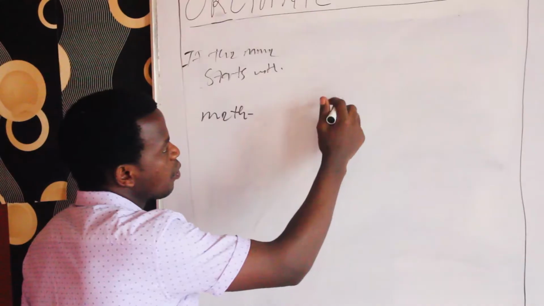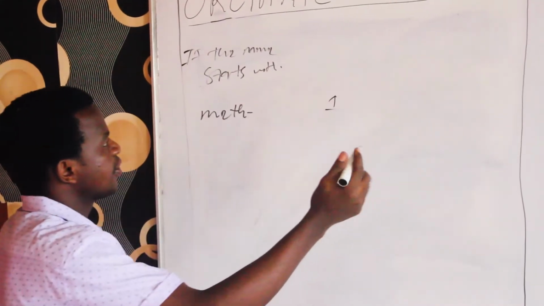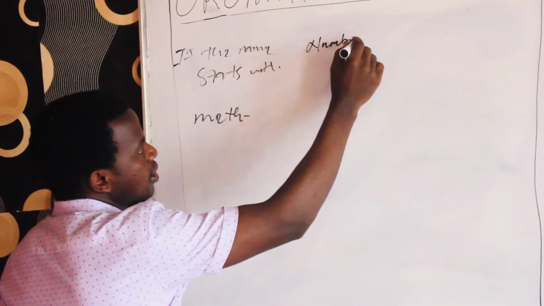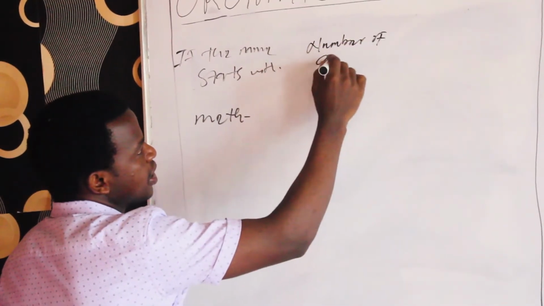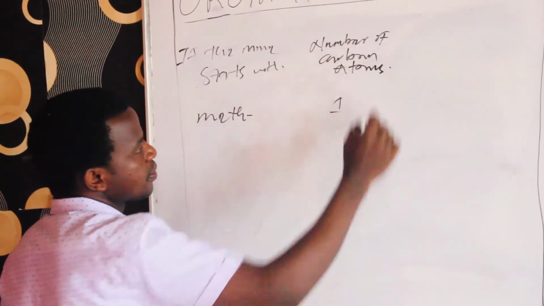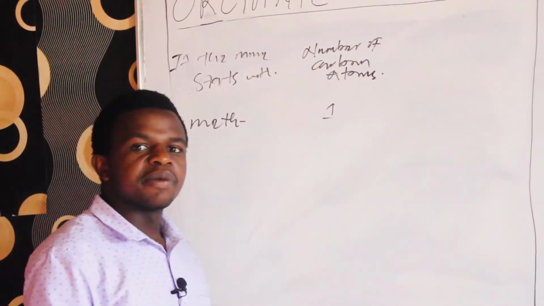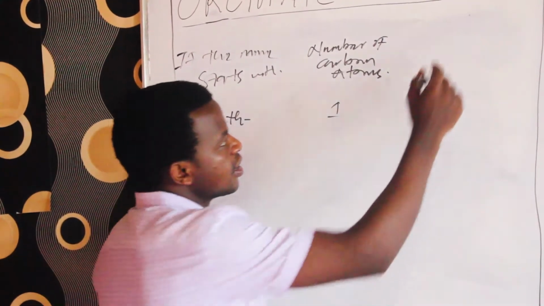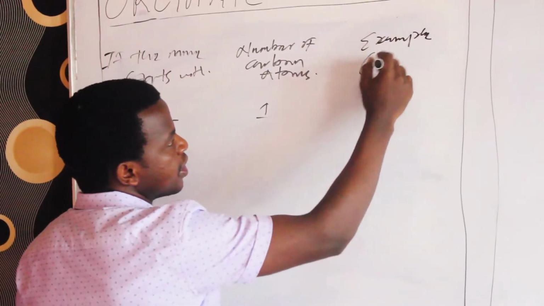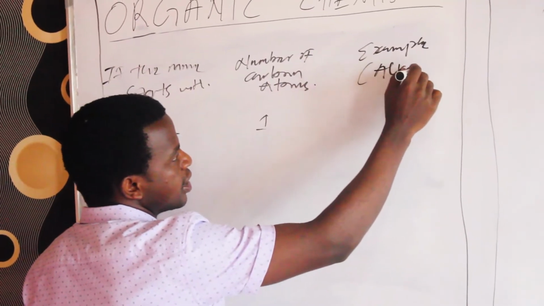That means it has 1 carbon atom. So here I'm going to write number of carbon atoms, and I'm going to give some examples from the alkanes.